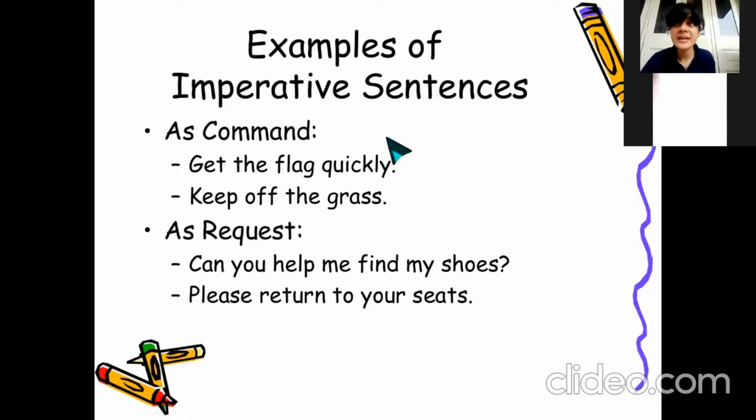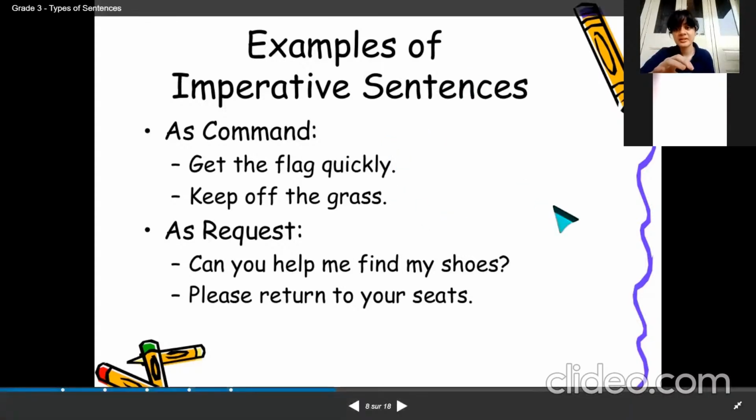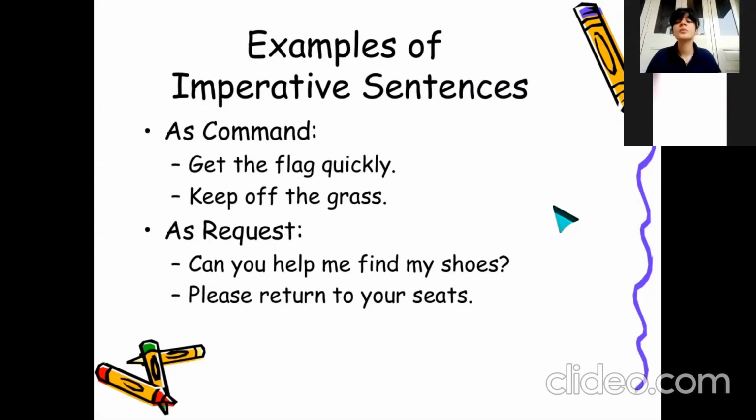What is an imperative sentence? An imperative sentence is a command or a request, like you can see on my screen, and it always ends with a question mark or with a full stop. Let me know if this is clear in the chat box. All clear? Amazing.